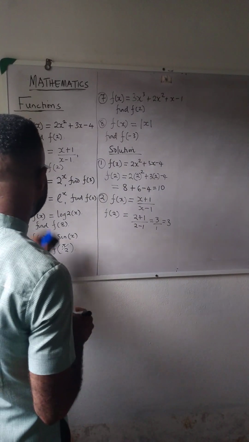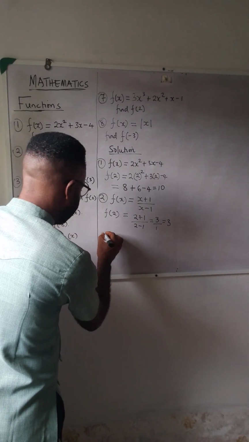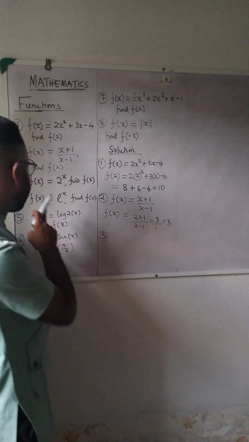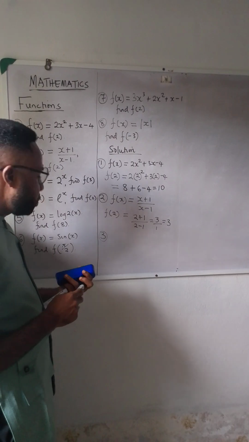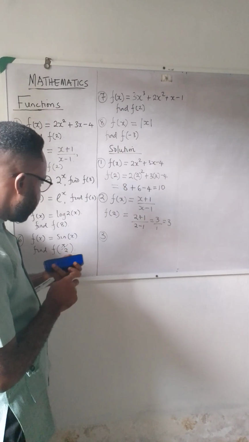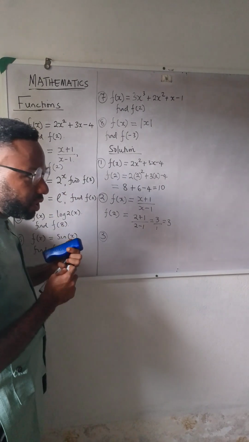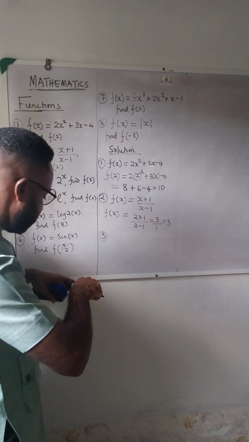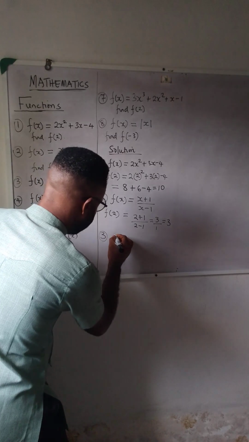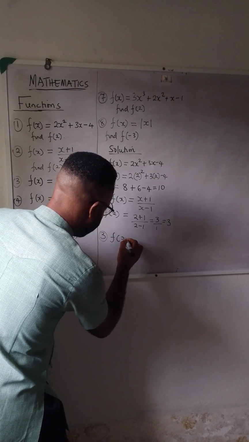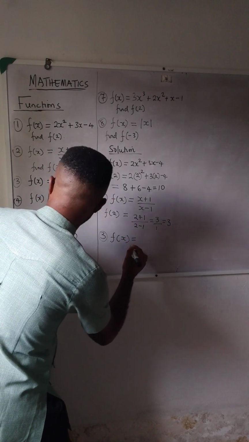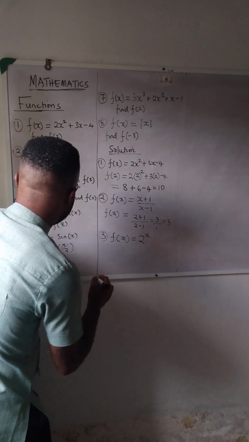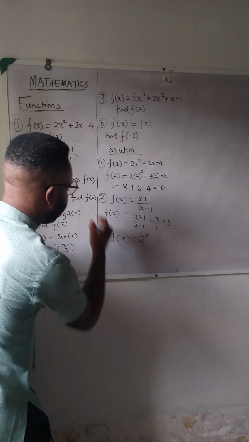So we've gotten that. Now let's take number 3. Number 3 is f of x equal to 2 raised to the power of x. This is an exponential function. So we have that f of x is equal to 2 raised to the power x, and we are asked to find f of 3.